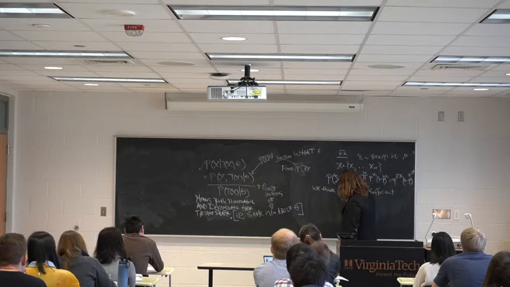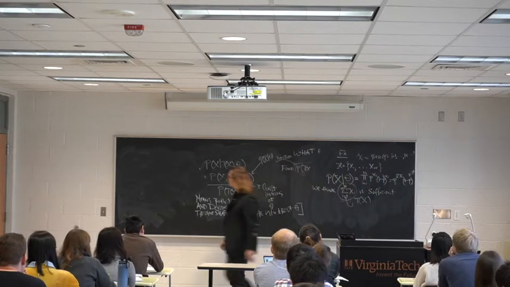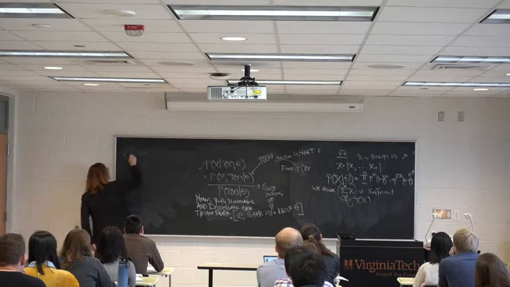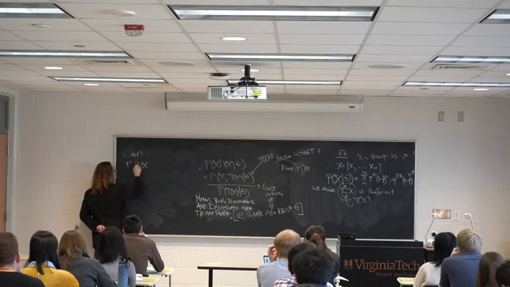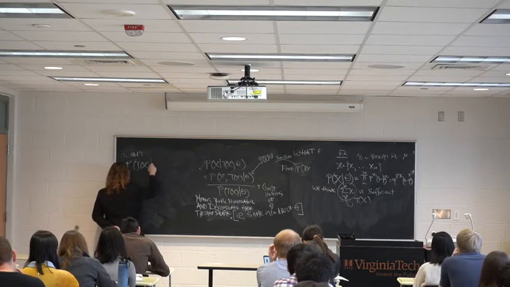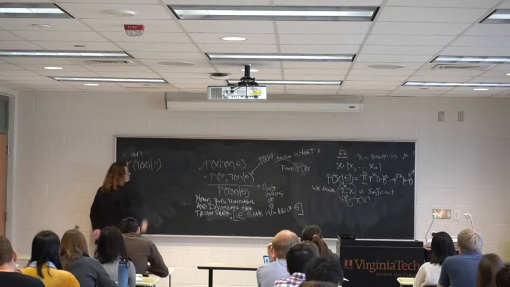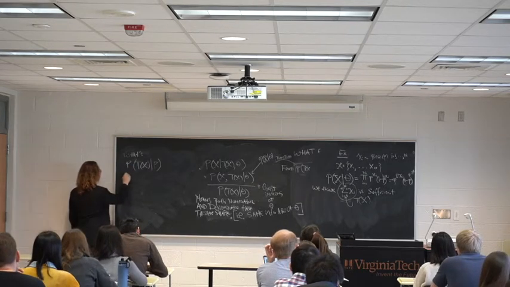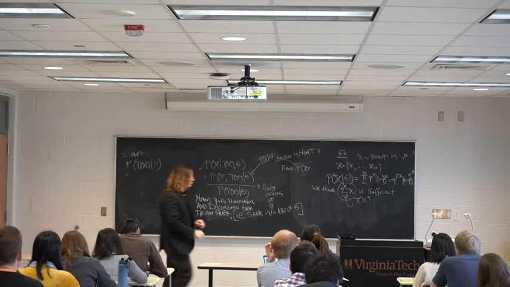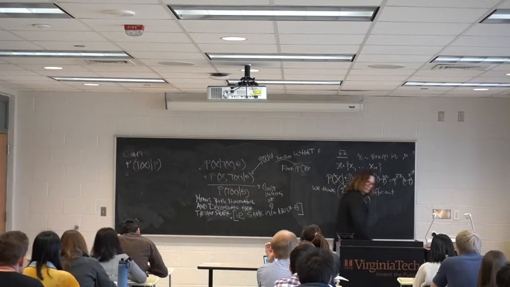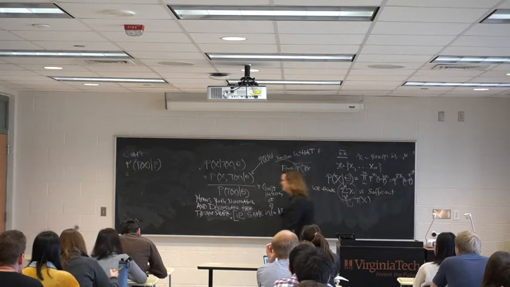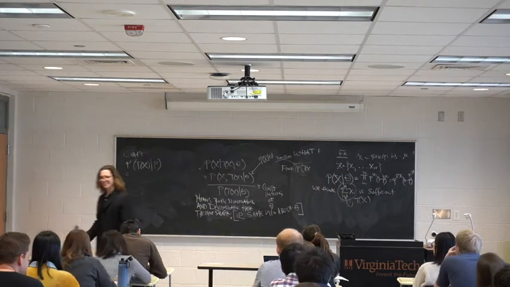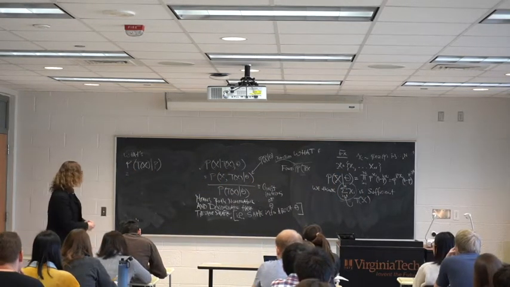Everybody knows already. So what's P of T(x)? I know everybody knows. It's binomial, I'll just say it. So I've taken the thunder. This is a binomial distribution.